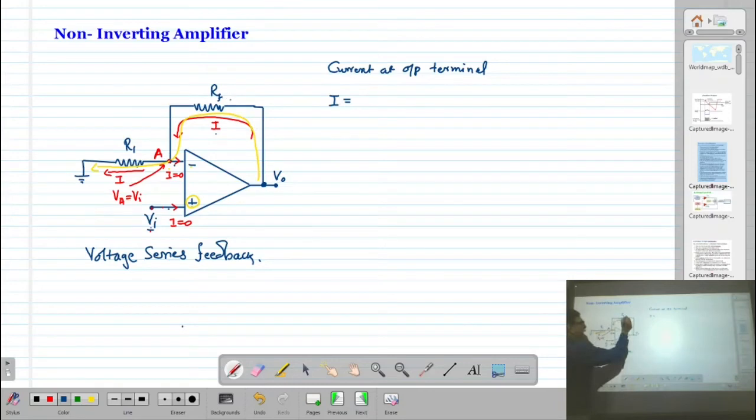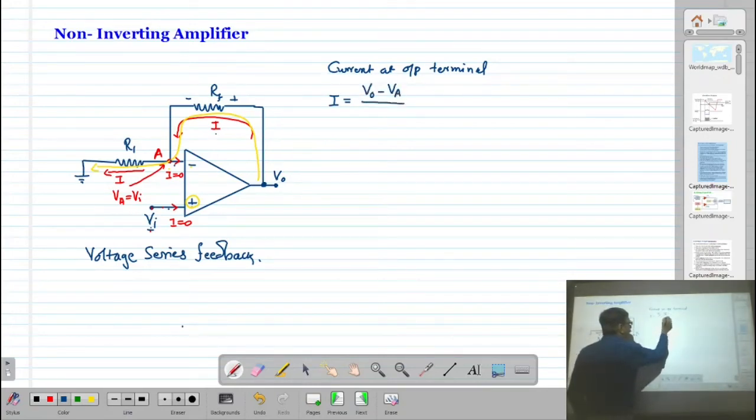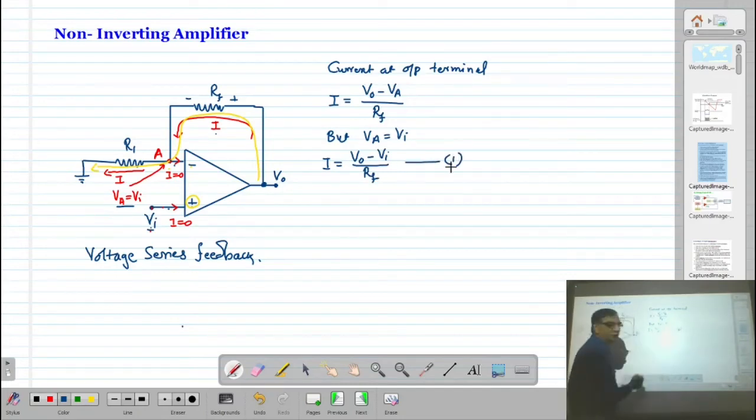The current is flowing like this, so this is the positive and this one is negative. So here we can write it is VO minus VA divided by resistance RF. But what is VA? VA is equal to VI. Therefore, we can write the current I is equal to VO minus VI by RF. You can call this expression number 1.